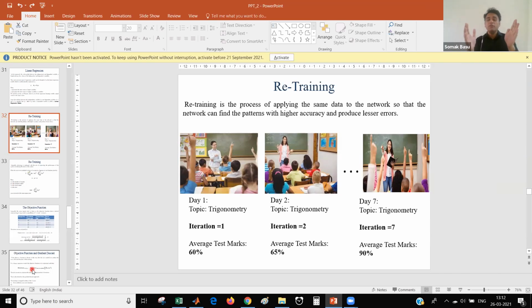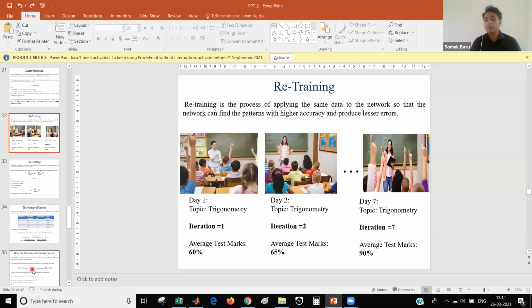If you give the model the data for the first time, that is the first iteration. If you again give the model the data, then we say that we have retrained the model. That can be the second iteration. Similarly, you can retrain it multiple times.